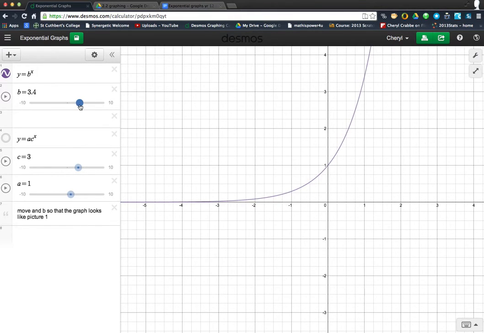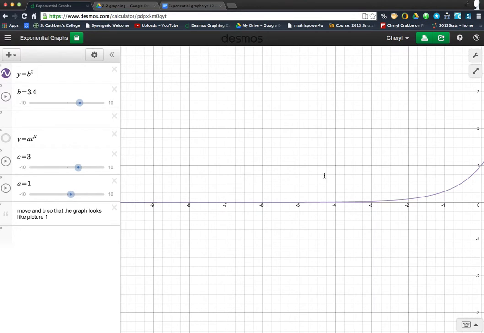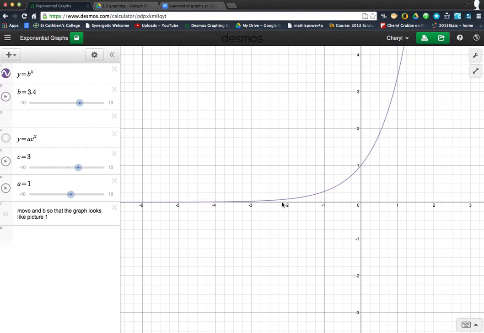Now, the other very important feature of an exponential graph is what's happening to the left of the graph if you're doing a growth curve. As you can see, it is approaching the x-axis, getting closer and closer to the x-axis. What we need to find out is, will it ever touch the x-axis?